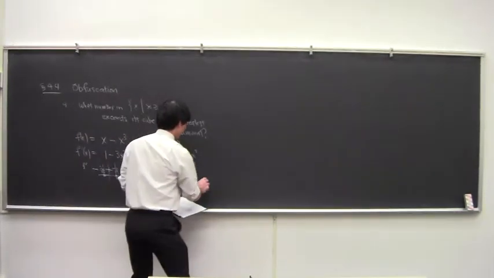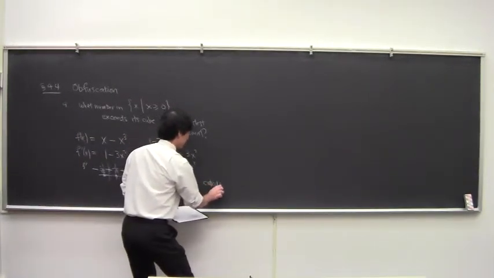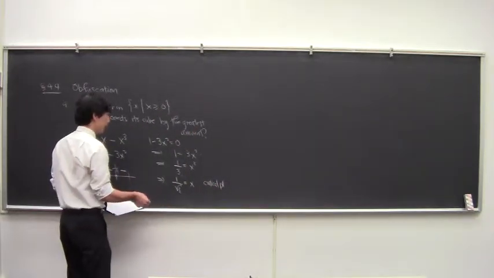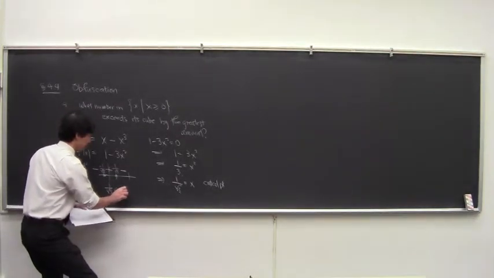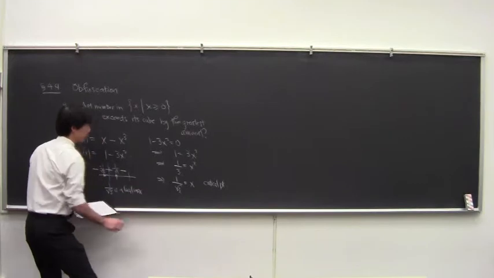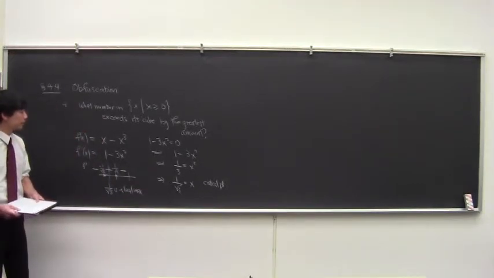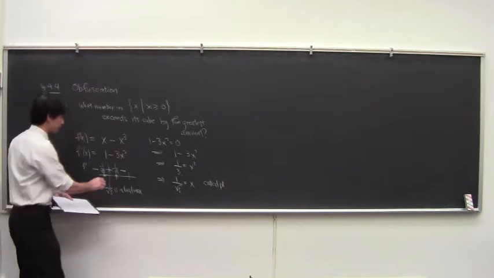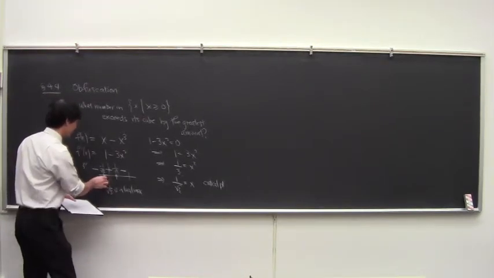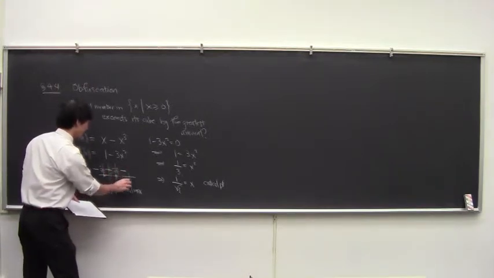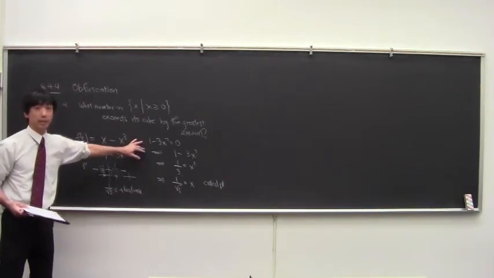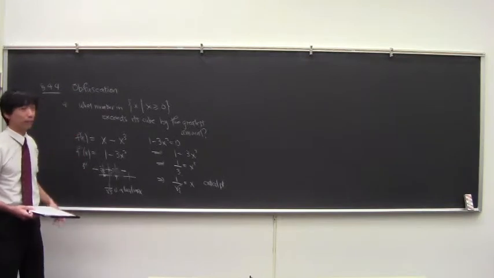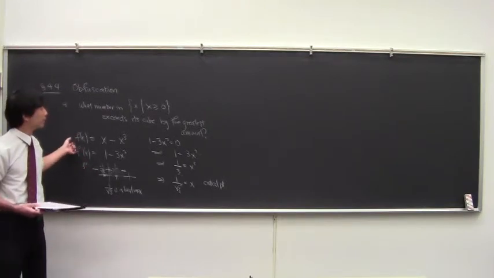This is your critical point, and now we know that 1 over root 3 is a local max. It's increasing and then it's decreasing. So it's a local max, and that is the place where we have the biggest amount.